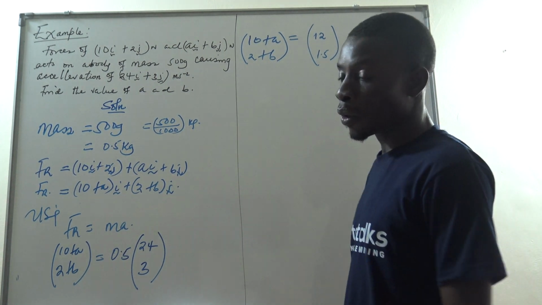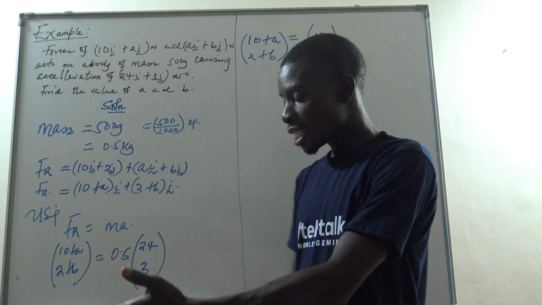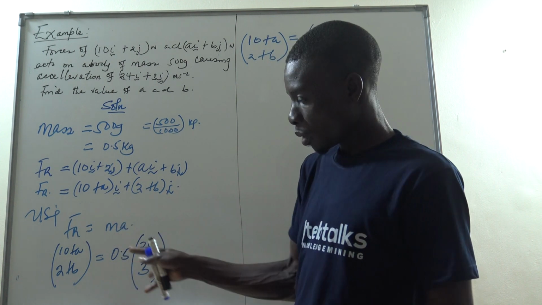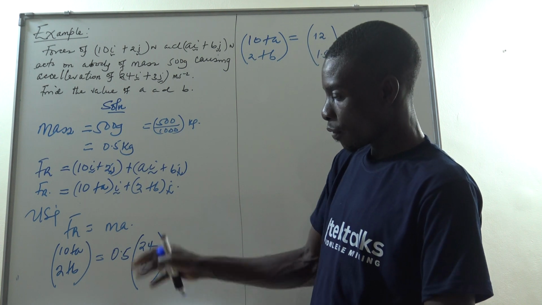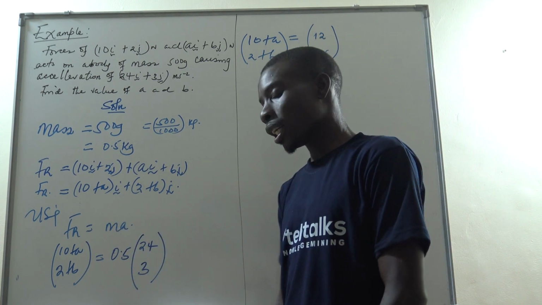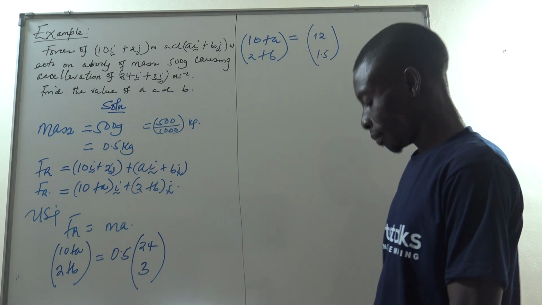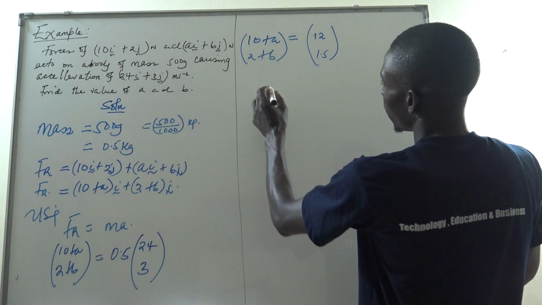Please feel free to pick your calculator and press this. Remember, 0.5 is a half, so it is like half of 24, and that is 12, and then half of 3, that is 1.5. Now from here, the next thing is equating that.